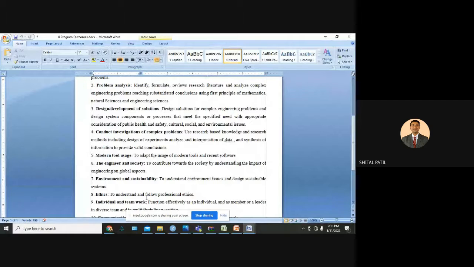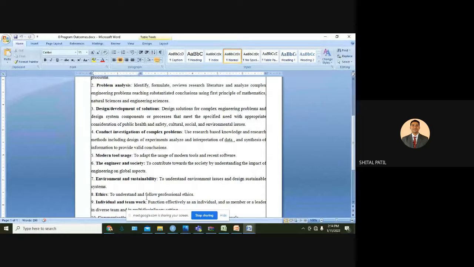Then you should have ethics: understand and follow not only professional ethics, but ethics while behaving with each other, with your seniors, with your relatives, and with your teachers.